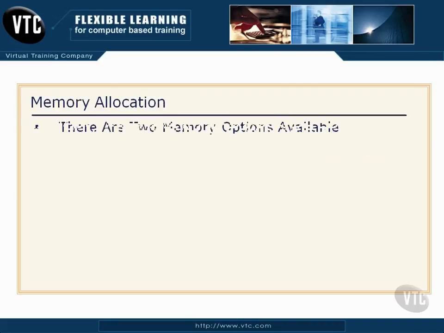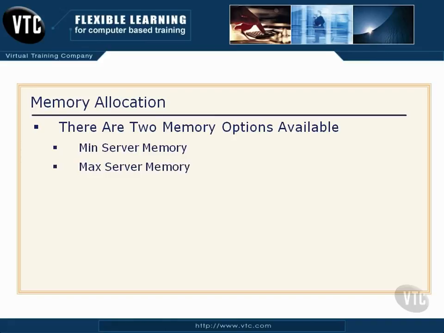So how do we control memory when we need to? There are two memory options available. I'm going to do a separate video on these, but I'll mention them here. They're min server memory, for minimum server memory, and max server memory. When we're running a single instance of SQL Server on a machine, everything's cool. SQL can allocate memory based on looking at the OS and what it has free, but the minute we get into a more than one instance SQL Server installation, we really should be managing that memory using these two options.